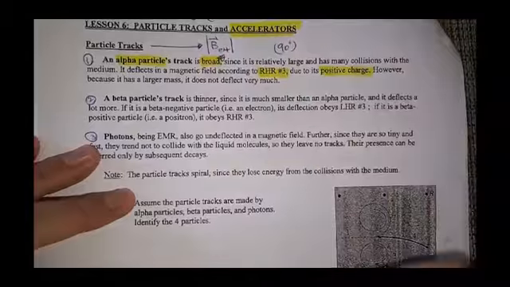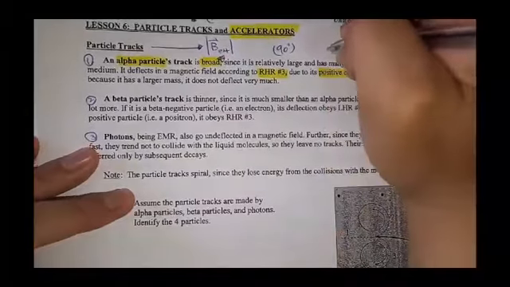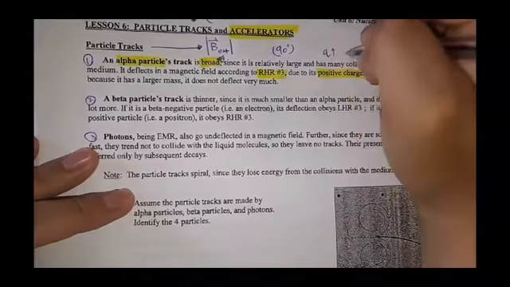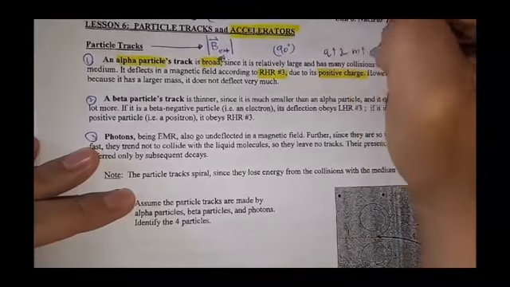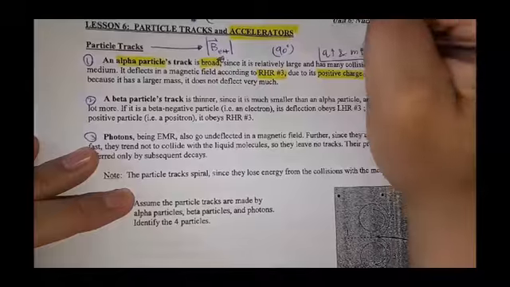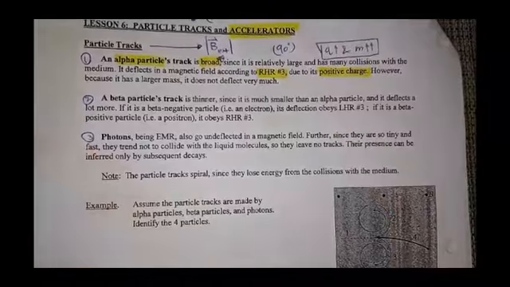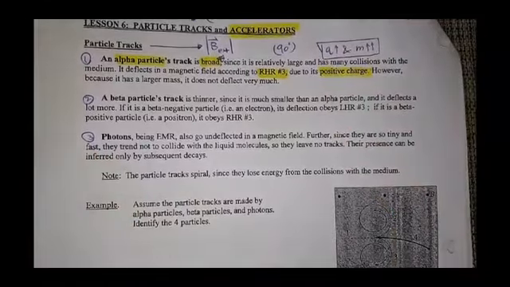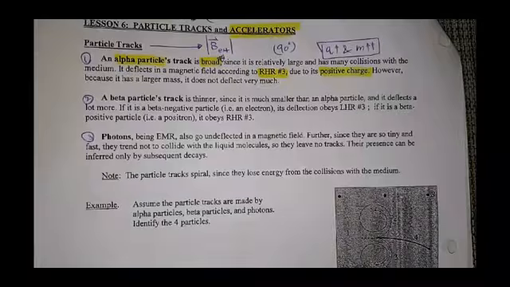The reason is that alpha particle has not only high Q but also quite large mass, so no wonder it takes longer to make a circle. So that's why it's quite a bigger circle. So the alpha particle track is broad, and again due to its large size, it can have many collisions with the medium.